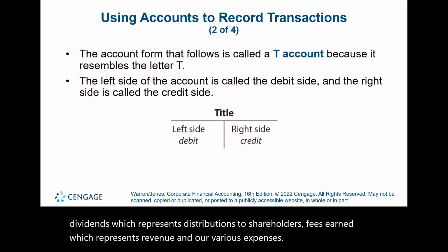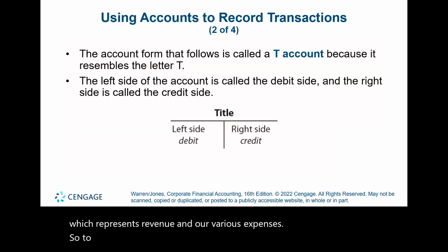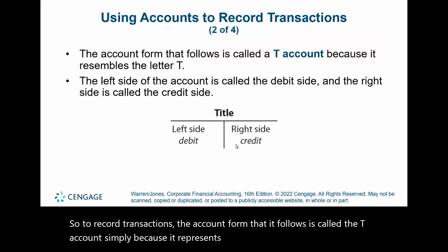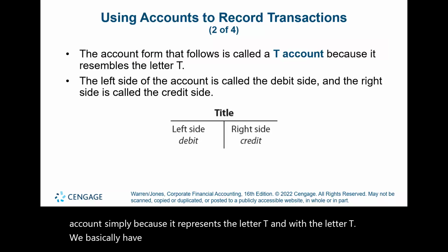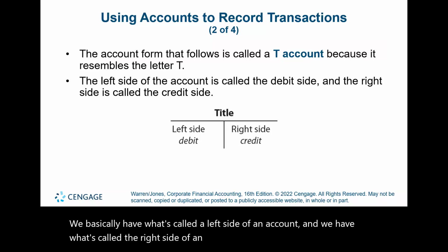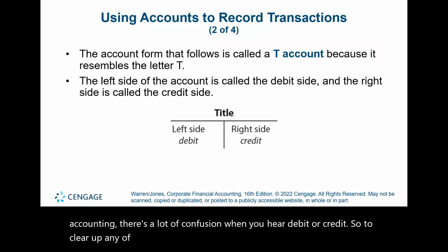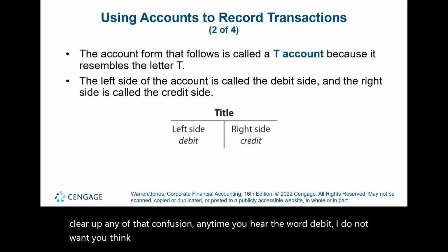To record transactions, the account form that it follows is called the T account, simply because it represents the letter T. With the letter T, we have what's called the left side of an account and the right side of an account. Oftentimes in accounting, there's a lot of confusion when you hear debit or credit. To clear up that confusion, anytime you hear the word debit, I do not want you to think of an increase or a decrease.